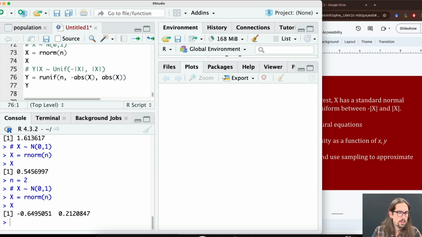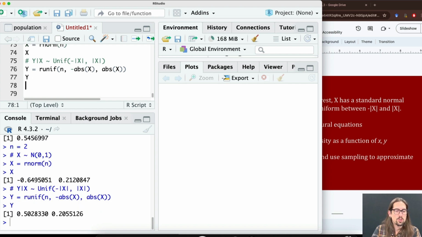And then when I run this line of code here, I get 2 values of y. The first value is going to be drawn from the uniform distribution where it's constrained to be between positive and negative 0.64. This value is drawn from a uniform distribution where it's constrained to be between positive and negative 0.21. So it's being done in a kind of vectorized fashion.